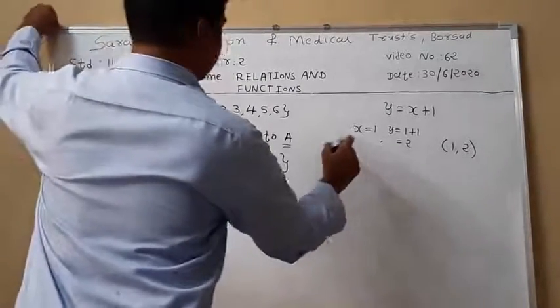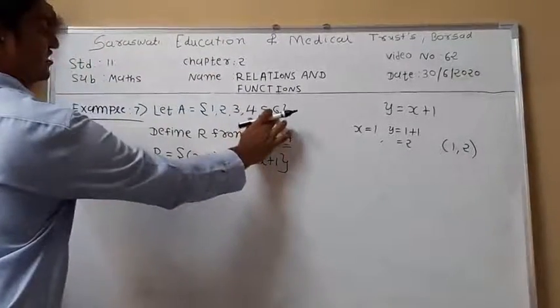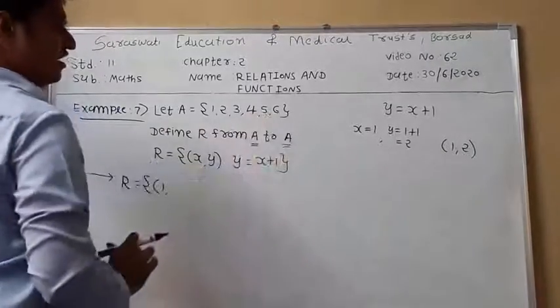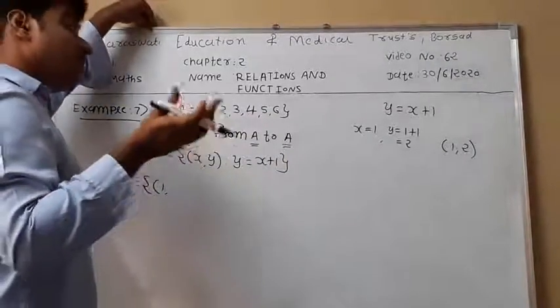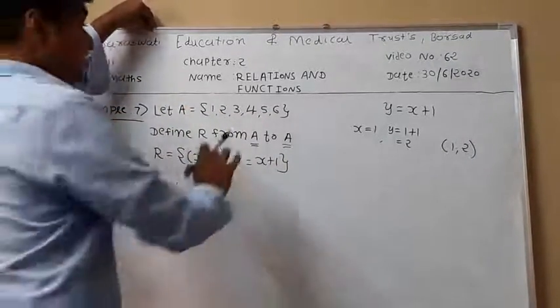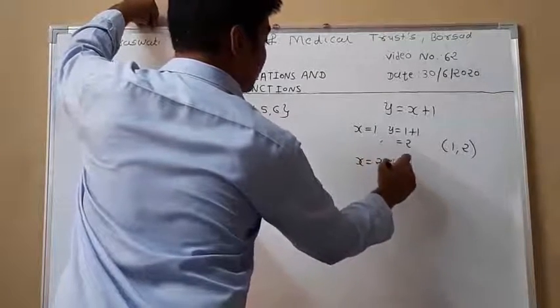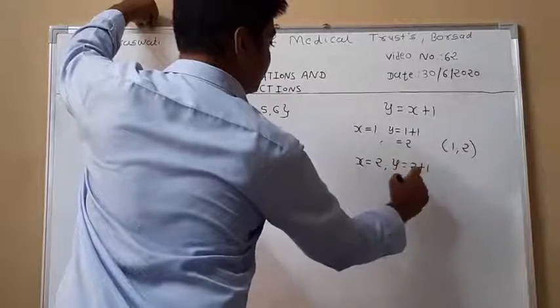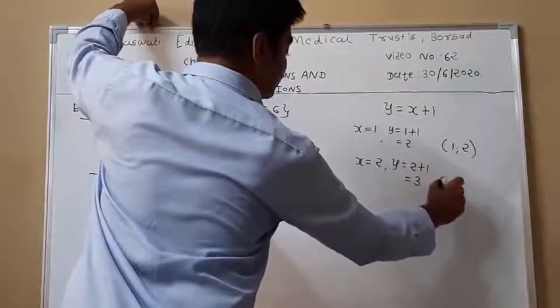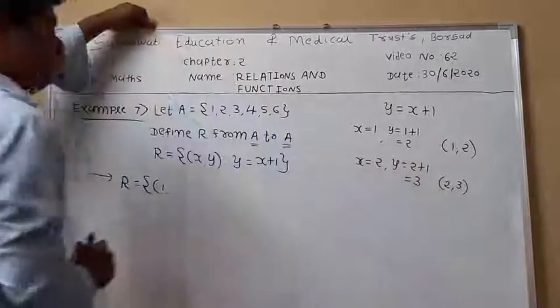Now here a total of 6 elements is present in set A, and our range is also in 6 elements. So x is equal to, consider 2. y is equal to 2 plus 1, 3. So our second ordered pair is (2, 3).